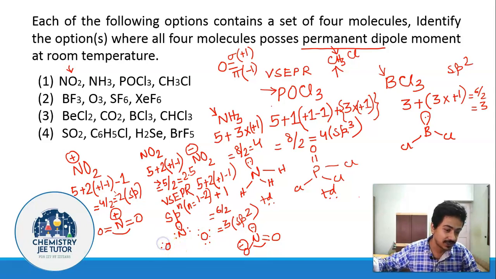Same here, oxygen will have 6: 1, 2, 3, 4, 5, 6. So now in this case, it will form a double bond. If it forms a double bond, this oxygen will complete its octet. You count 1, 2, 3, 4, 5, 6, 7, 8. Now in this case, a single bond will definitely be formed.